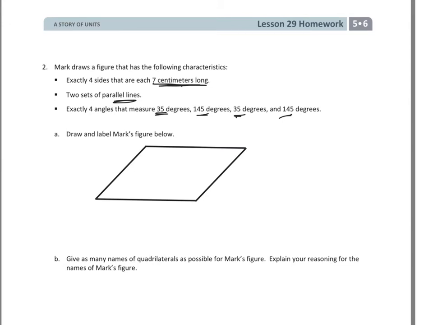So there's my shape right there, and I know that this is 35, this is 145 in terms of degrees, 35, and I'll draw my degree symbol in there. And believe it or not, these are 7 centimeters. So my 2 pair of parallel, this side is parallel to this side, so that's 1 pair. And then I have this side parallel to this side. So there's my drawing.